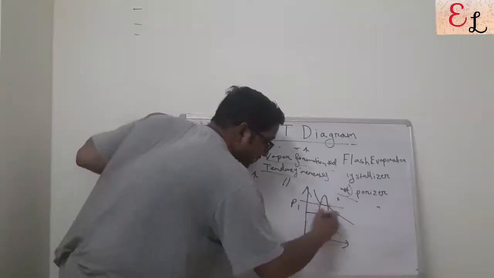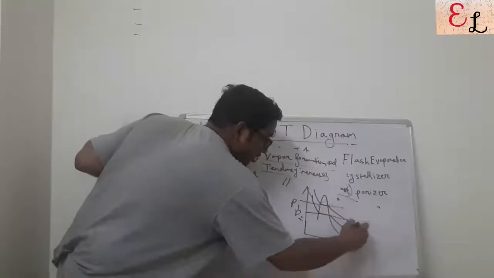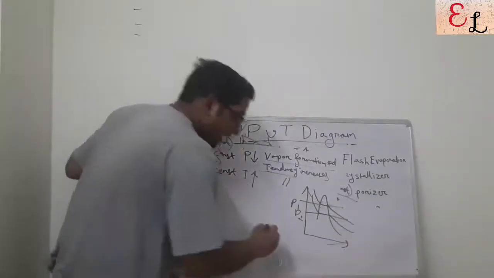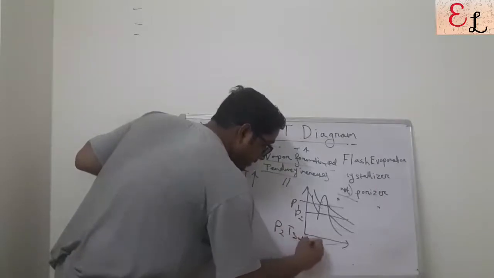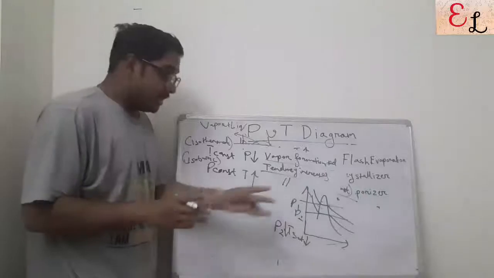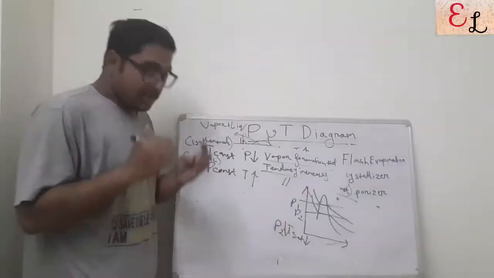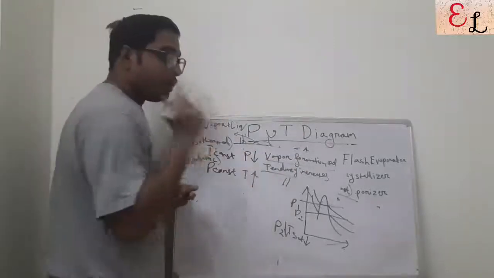As the pressure is decreased, we need a lower boiling isotherm. Now, if P2 is less, then Tsat is also less. This is the concept of it all: if the pressure is less, the boiling point also decreases. Thus, easy boiling or vaporization takes place at lower pressure.